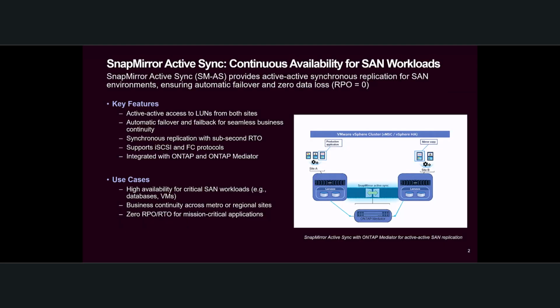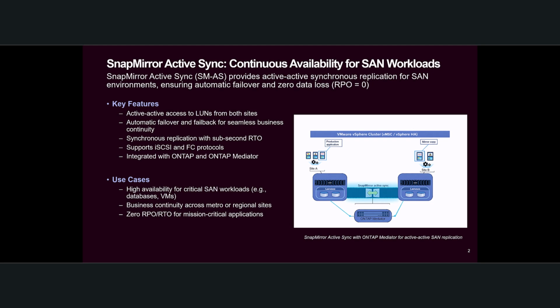So what is SnapMirror ActiveSync? SnapMirror ActiveSync provides synchronous replication for SAN workloads, delivering zero data loss, active access across sites, and seamless failover using the ONTAP Mediator. It is tightly integrated with VMware and is designed for environments where downtime, even during planned events, is not acceptable.